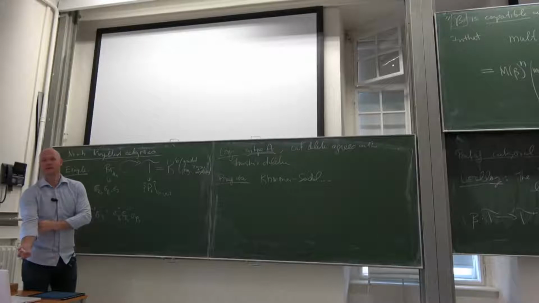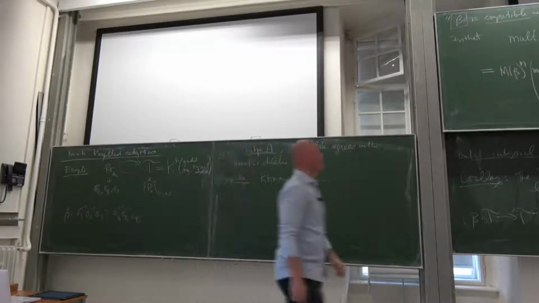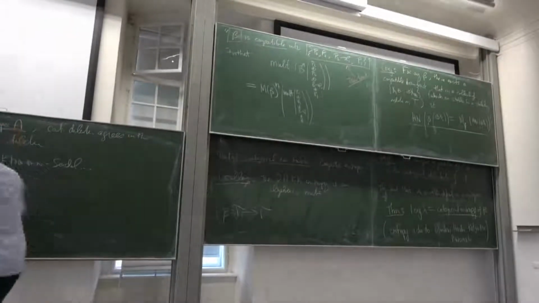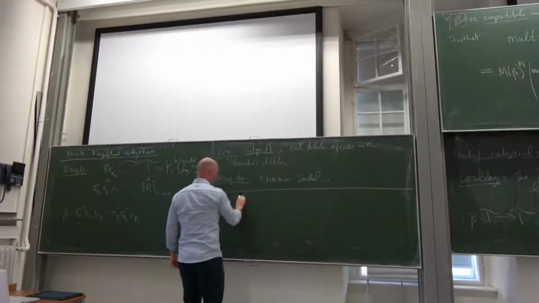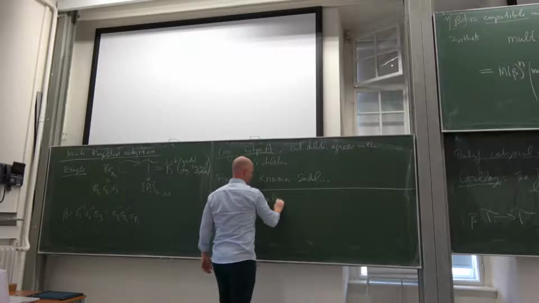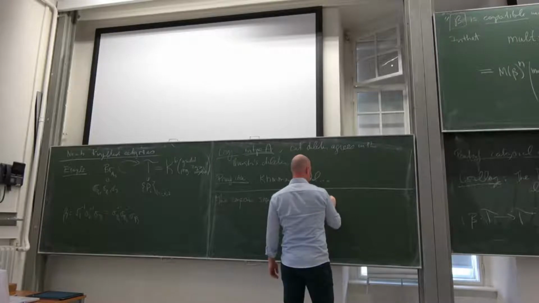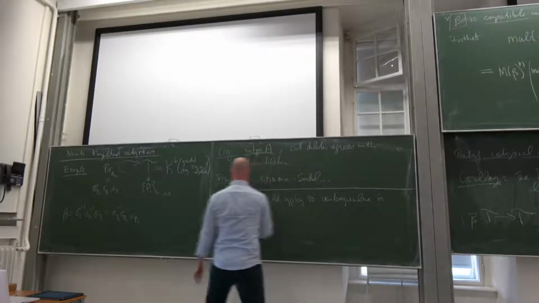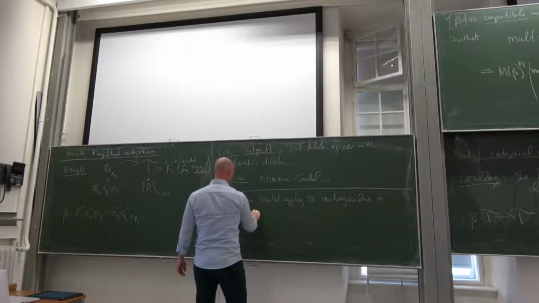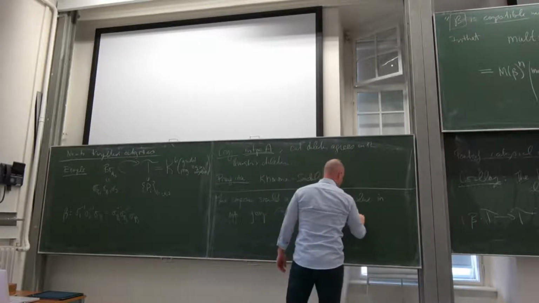Yes? Can I ask what categories the conjecture is supposed to apply to? Okay, yes, that's good. So the conjecture should apply, conjecturally, to autoequivalences in any group G acting on a triangulated category generated by spherical twists.